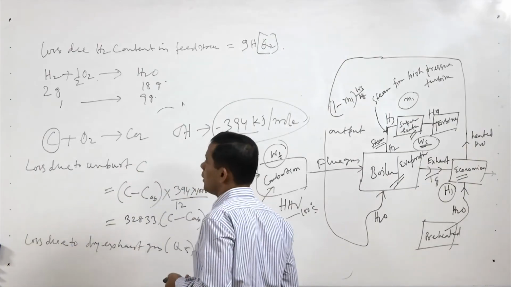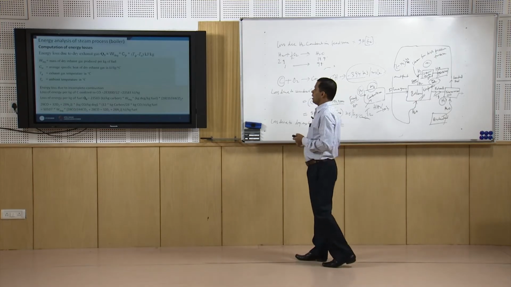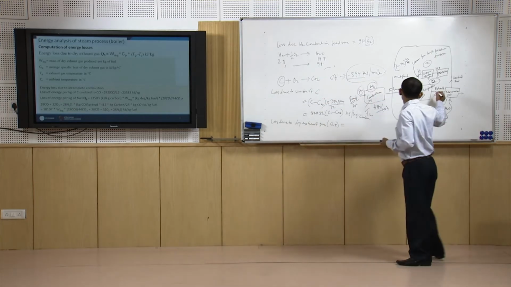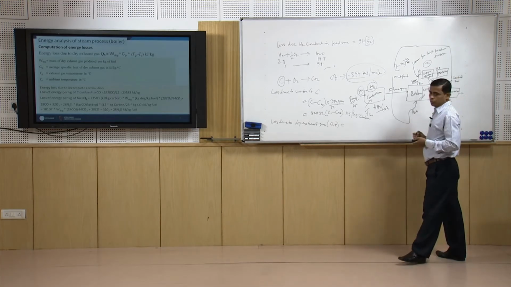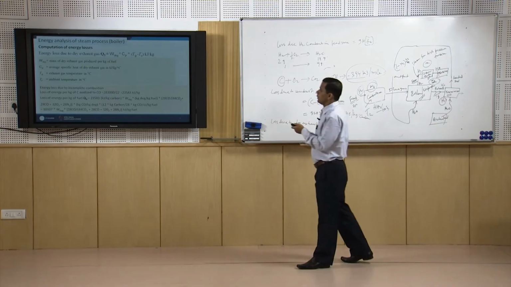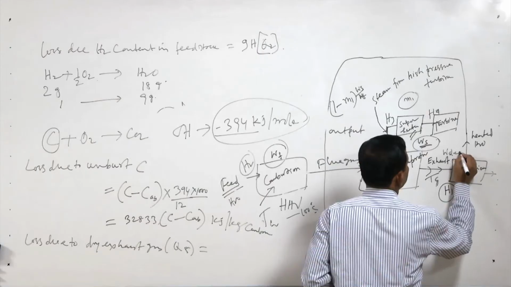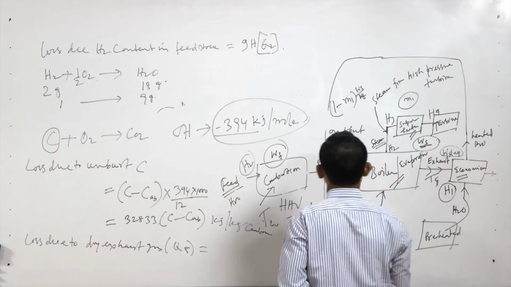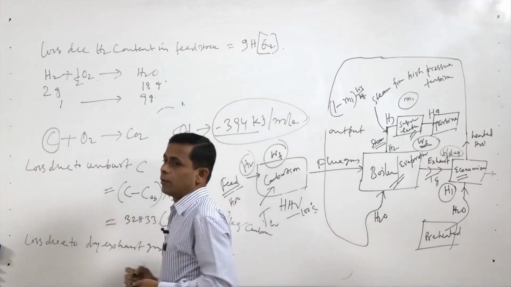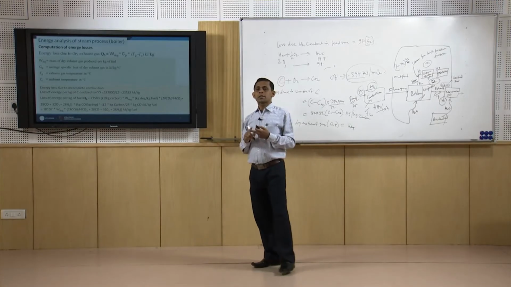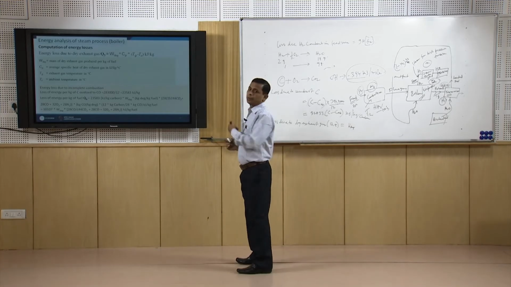What is this? We have to see how much exhaust gas is generated. W DEG, dry exhaust gas, is the mass of dry exhaust gas generated per kg of fuel.